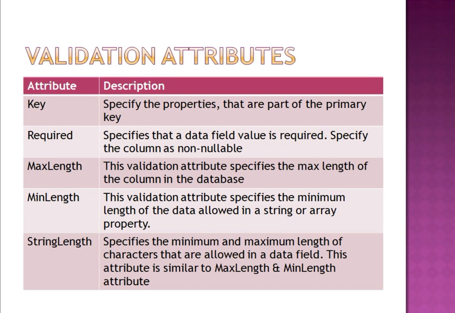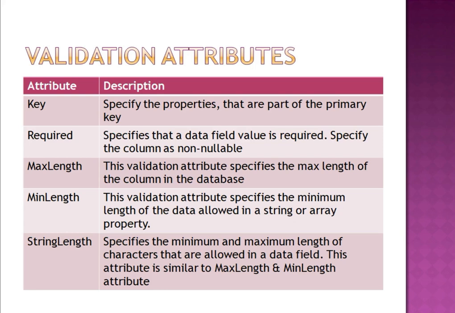For string, it gets mapped as a nullable column, but I want to set it to a not null column. In that case, I can put this required attribute to impose that restriction. Then my reference type data will also be considered as non-nullable.